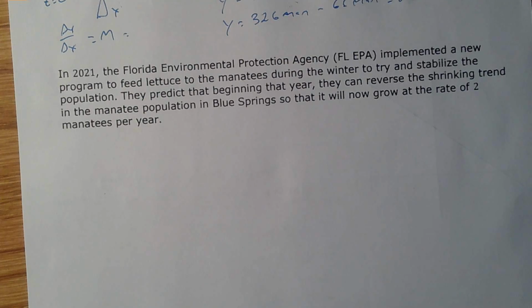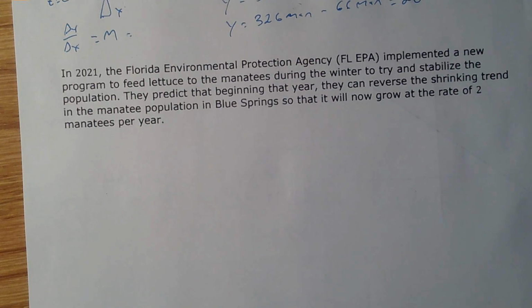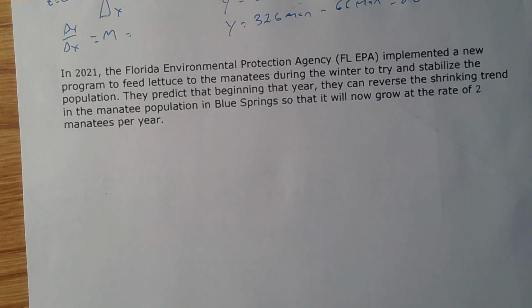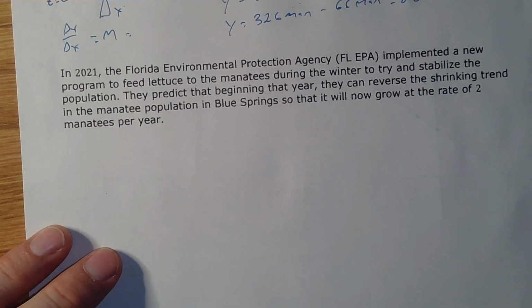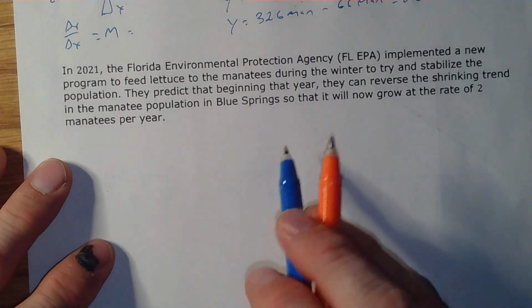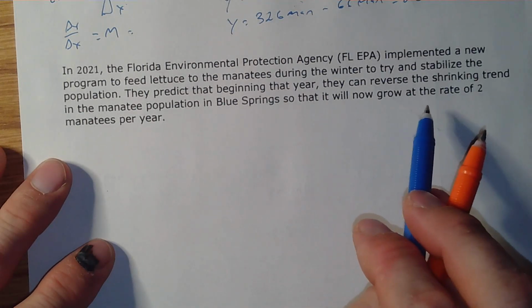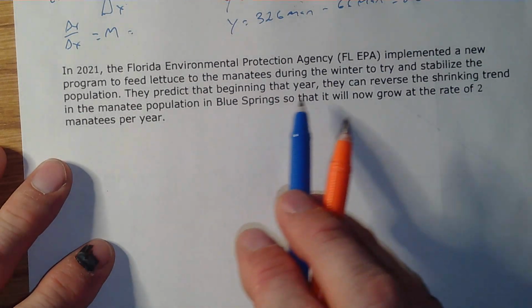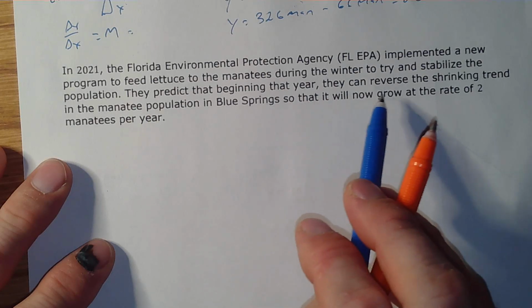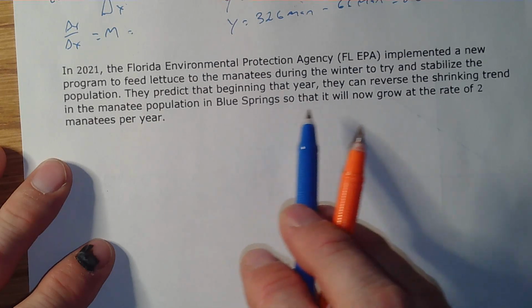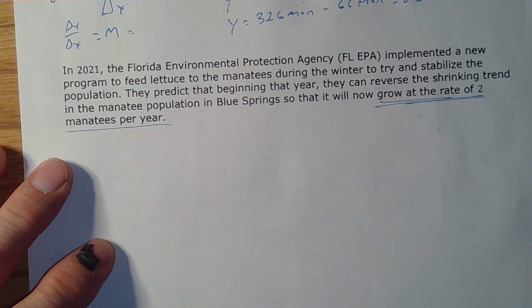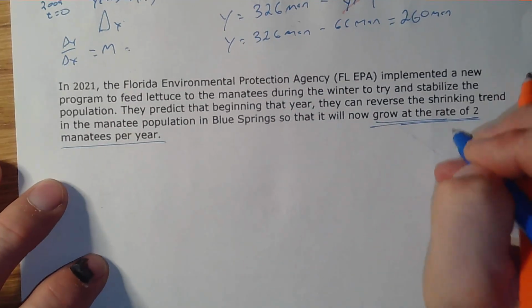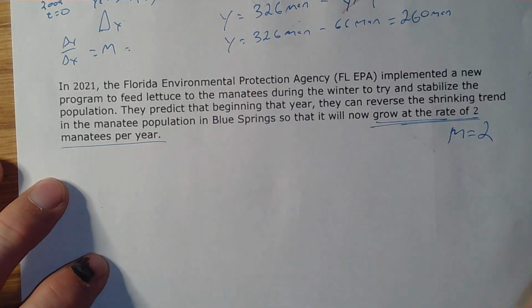We have one in 2000. The EPA is feeding lettuce to them so they can reverse the shrinking trend. Reverse the trend so that it will now grow. So it's going to grow at a level of 2 manatees per year. So now I have a new slope. So my new slope is going to be 2.